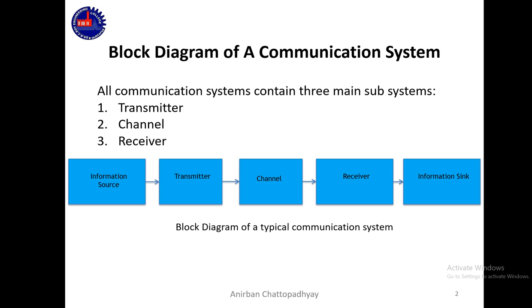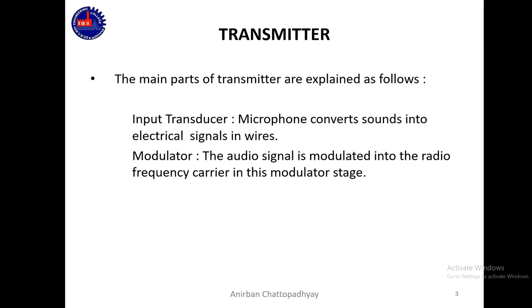We feed this audio signal, the message signal, to the first section, the transmitter section. This transmitter section mainly consists of two subsections: the input transducer and the modulator.